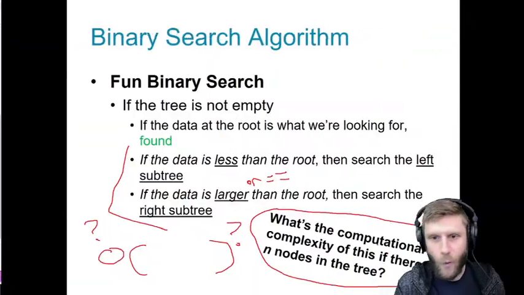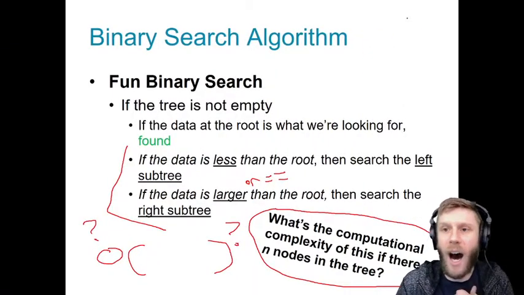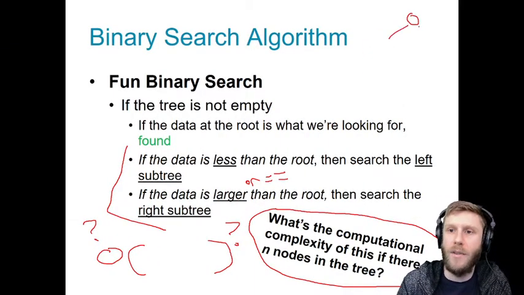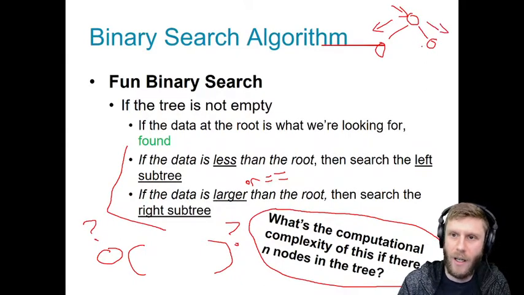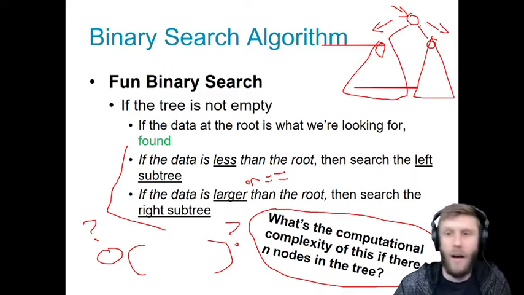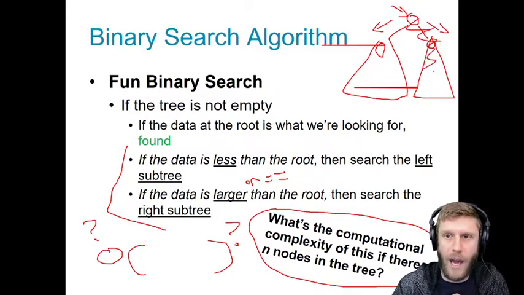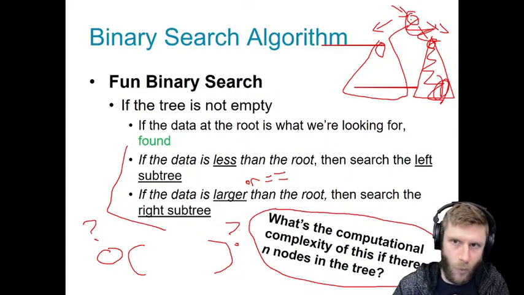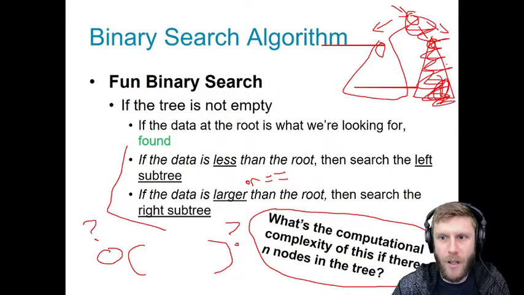Why is that? Well, every time, if we have n nodes, and we have a choice to go left or right, and assume this tree is relatively balanced, if I make the decision to go left, I've effectively thrown away half of the nodes.